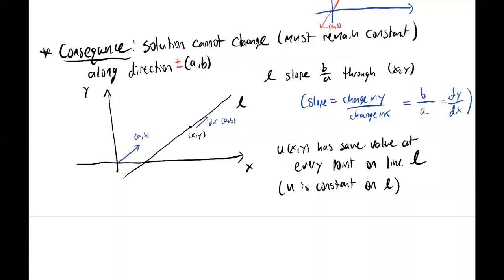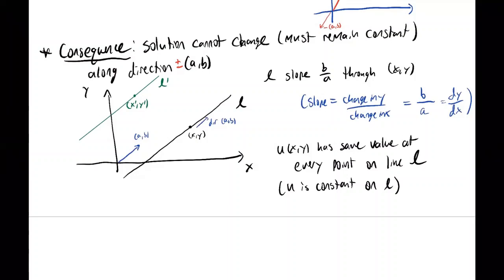Right, and so now the next big observation is that this is not just for this one particular line L, right? I could have just as well picked maybe another point. Let's say I pick some point X prime, Y prime over here, and maybe I have some other line L prime, which is also parallel, but just a shift of the line L, another line in the same direction, just going through a different point.